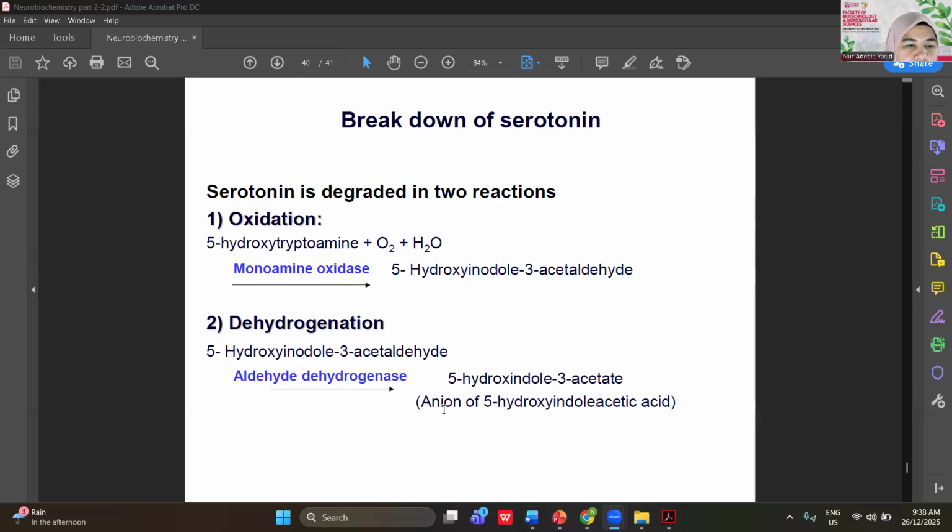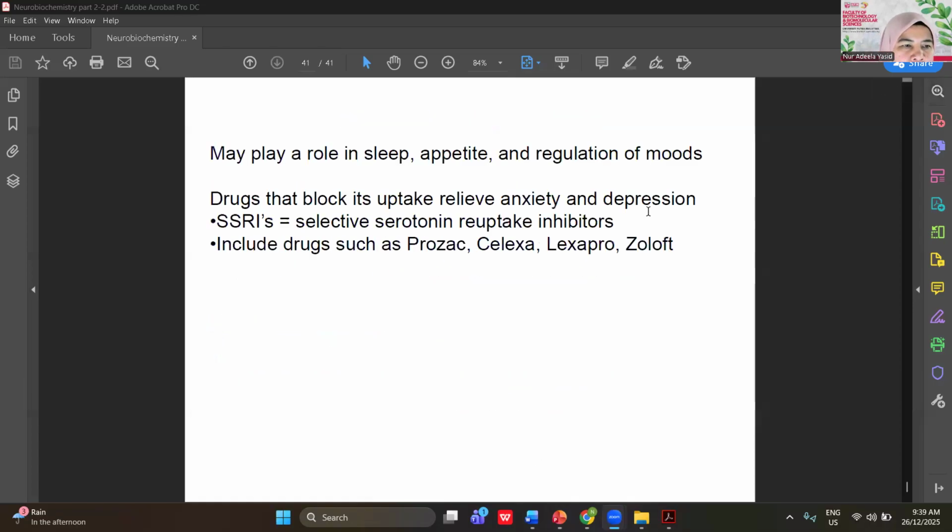This 5-HIAA is excreted in the urine and is often used as a clinical marker to evaluate serotonin metabolism. These two steps ensure proper regulation of serotonin levels in the body, preventing excessive neurotransmitter activity.